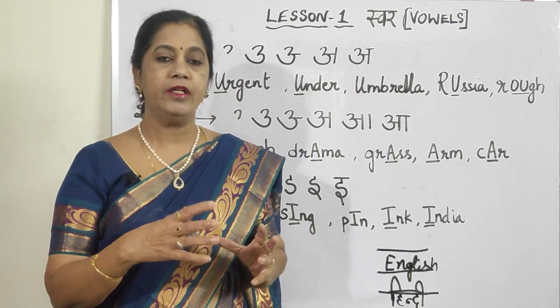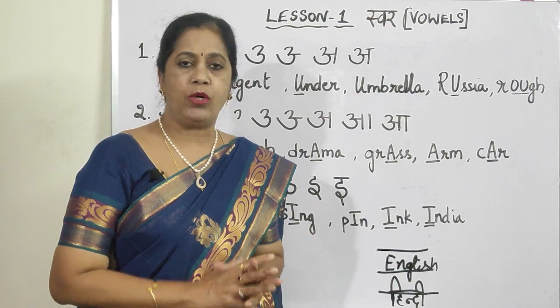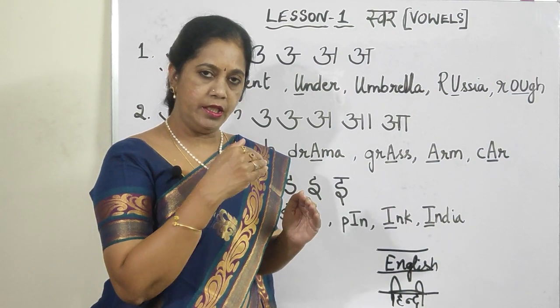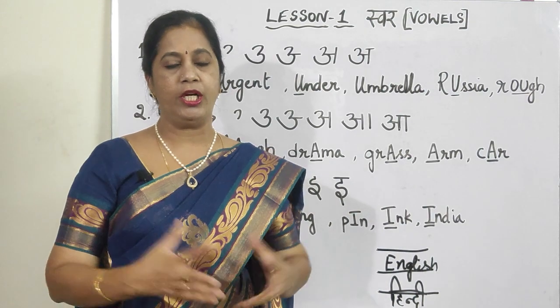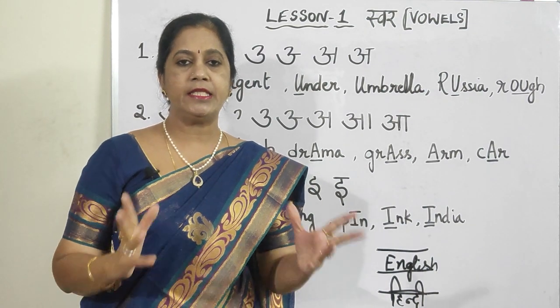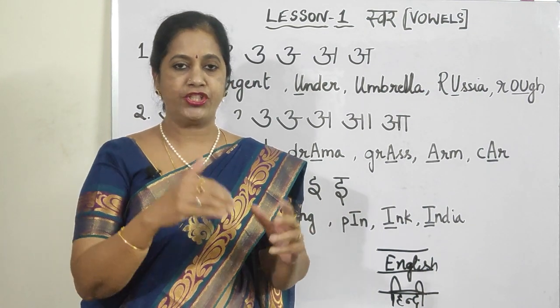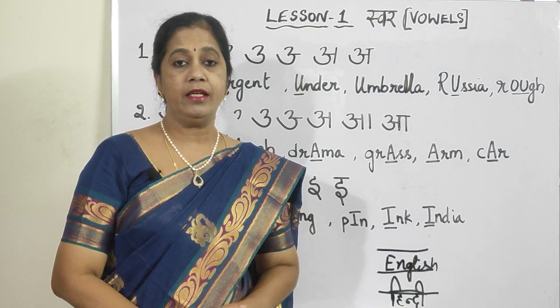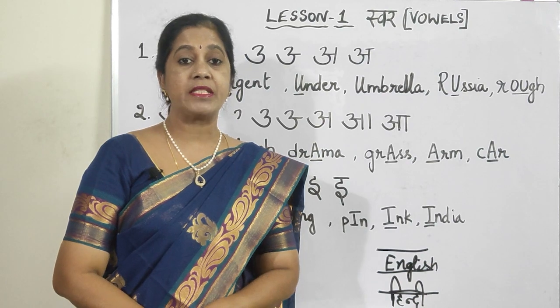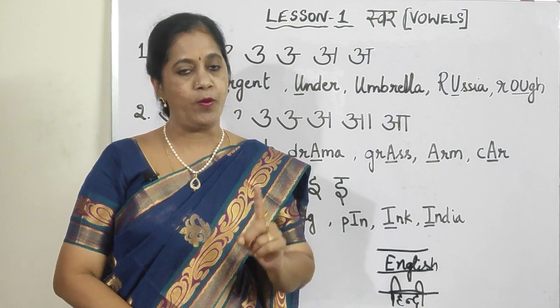Now we have equivalent sounds for Hindi letters in English. Okay, when I ask you a question, how many letters are there in English? You would say 26. But I would say letters are 26, but sounds are 44.